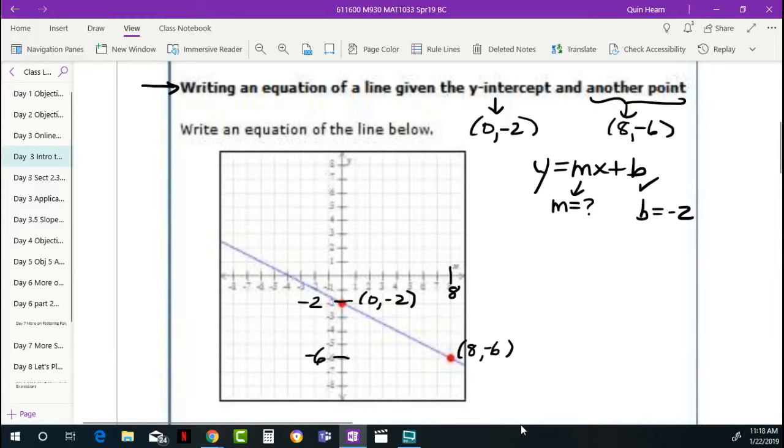Does anyone have any suggestions as to how we could find the slope? There's actually more than one way we could do this. If you have a suggestion, go ahead and type it into the comment bar. I know it can be a little intimidating to type into the comment bar, but just take a guess.